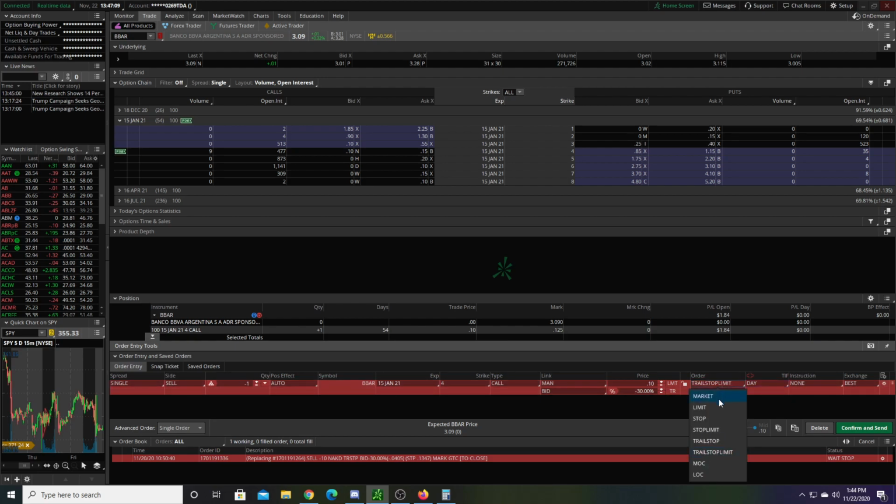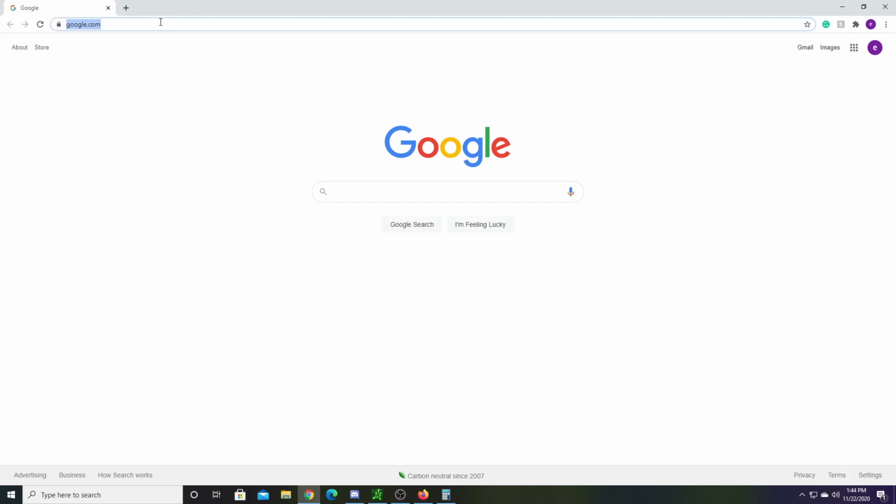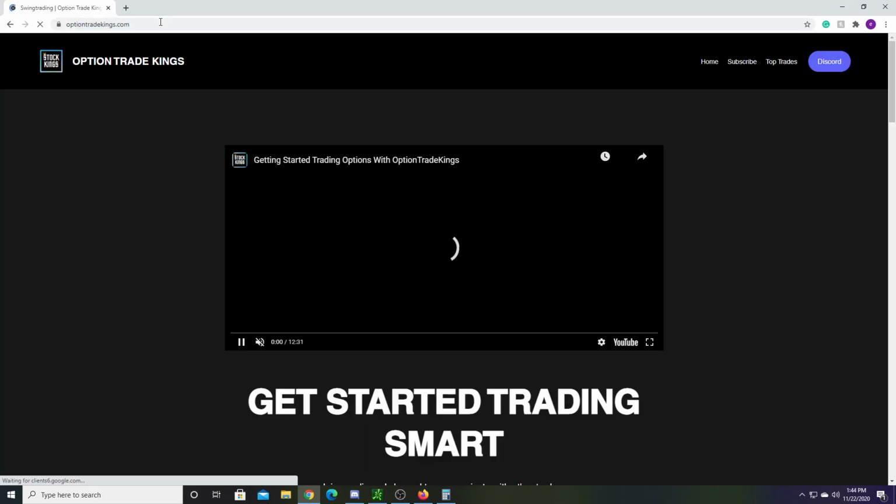Okay, but with the trail stop market, this one you can actually set good till canceled, and it's the same parameters, and select your percentage right there. Okay. So hopefully that helped you out a little bit.